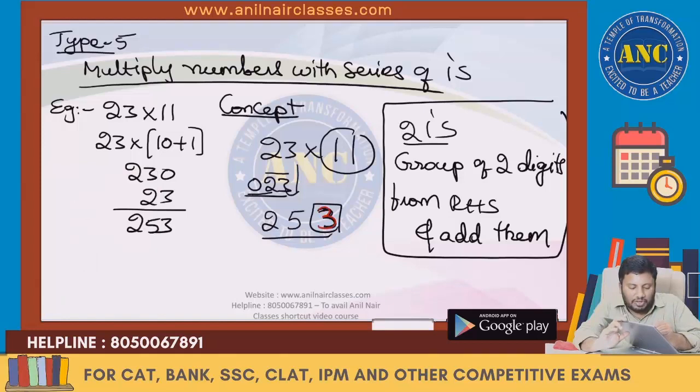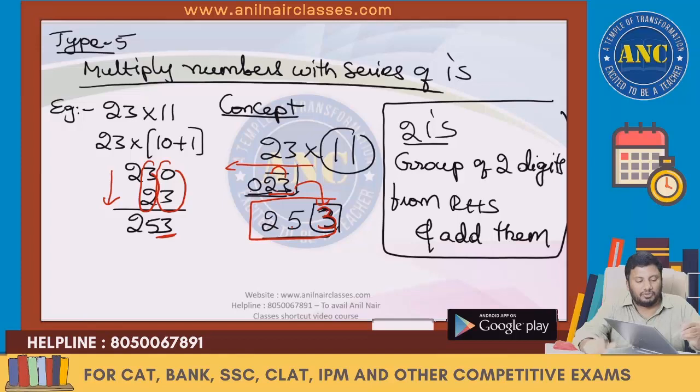First write down 3, the unit digit, as it is. Now, why am I writing the unit digit as it is? 0 plus 3 is 3. What is 3 plus 2? 5. 0 plus 2 is 2. Answer is 253.